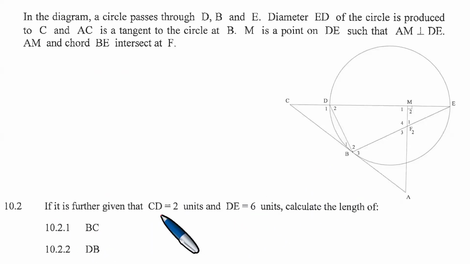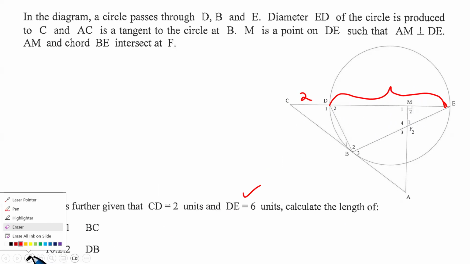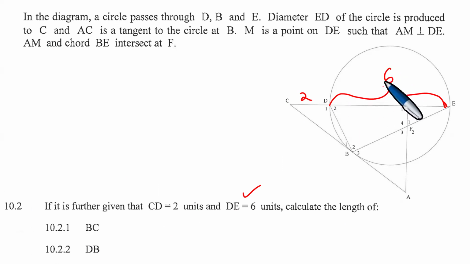But it is further given that CD, here is C and here is D, is 2 units, and DE, from D here to E here, is 6 units. Note that. So if DE is exactly 6 units, calculate the length of BE. Find the length of BE.